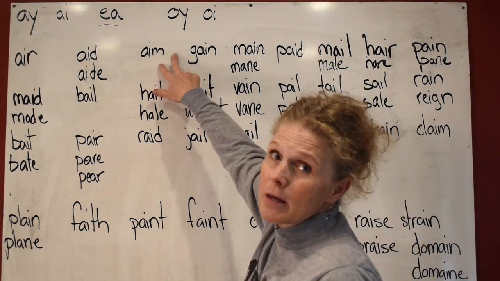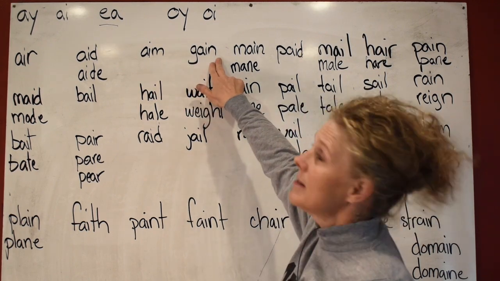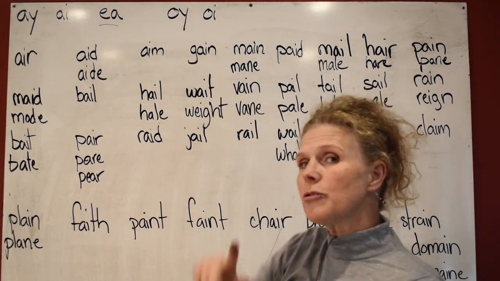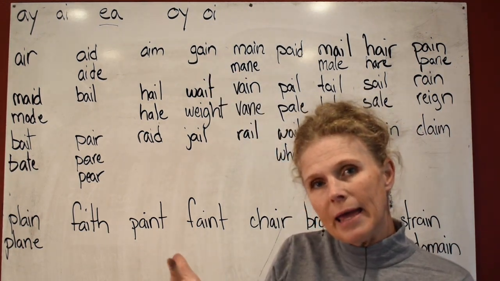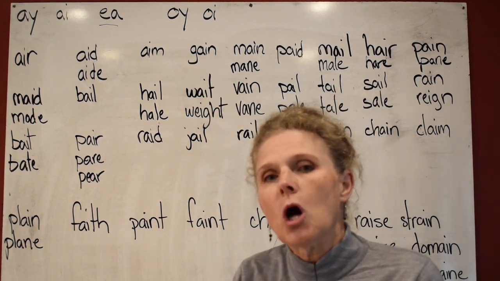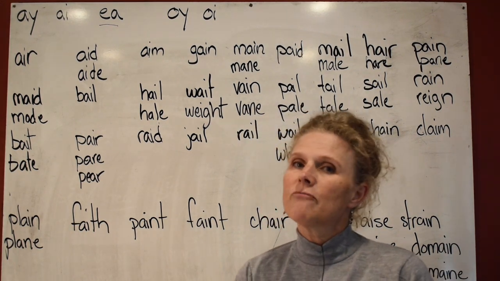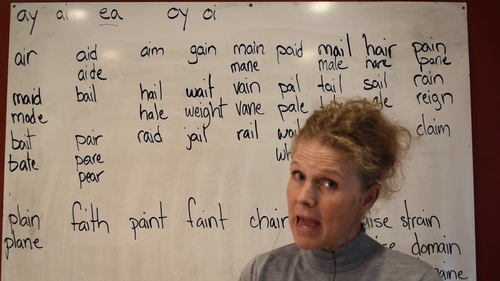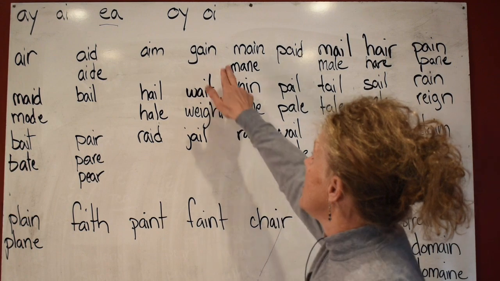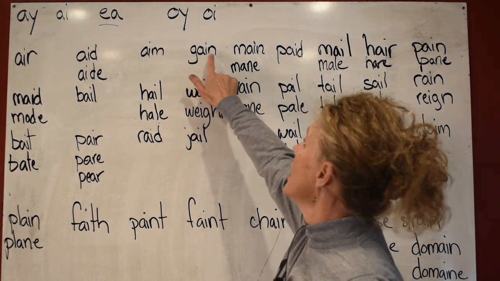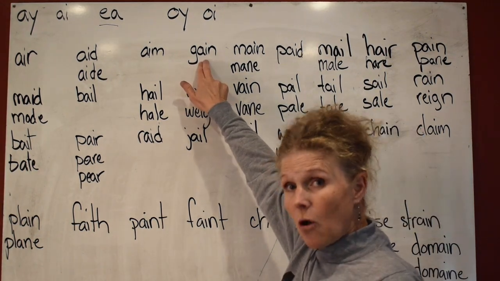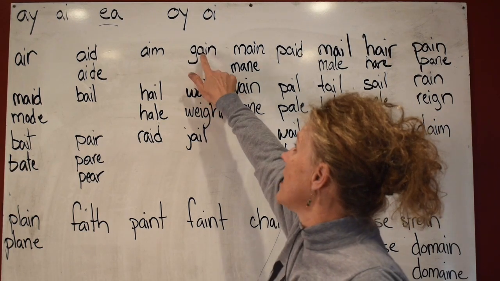Okay, aim, gain, G-A-N. See, there's only 3 sounds in there. G, A, N. But you're using the vowel team. If you want the long A sound, you have to use letters that make and force the long A sound. So because this has a consonant here and a consonant here, you have to have a vowel team or a silent E to make that long A sound.